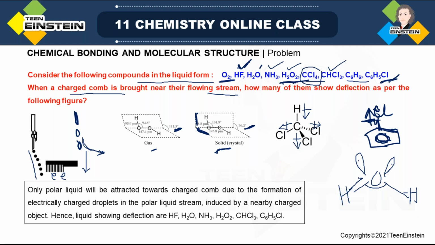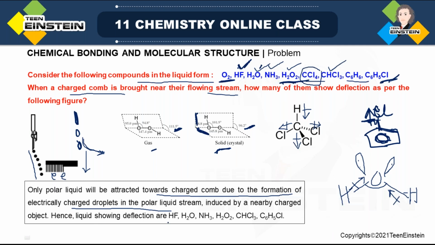The direction of one HO bond will be from H towards oxygen, and the other likewise, so they are not cancelling each other, there will be a net dipole. So HF will show deflection, this will also show deflection. Only polar molecules will be attracted towards the charged comb, due to the formation of electrically charged droplets in the polar liquid stream induced by a nearby charged object.